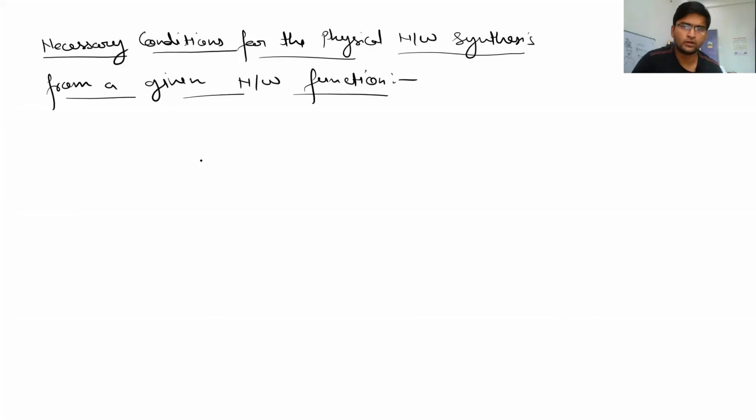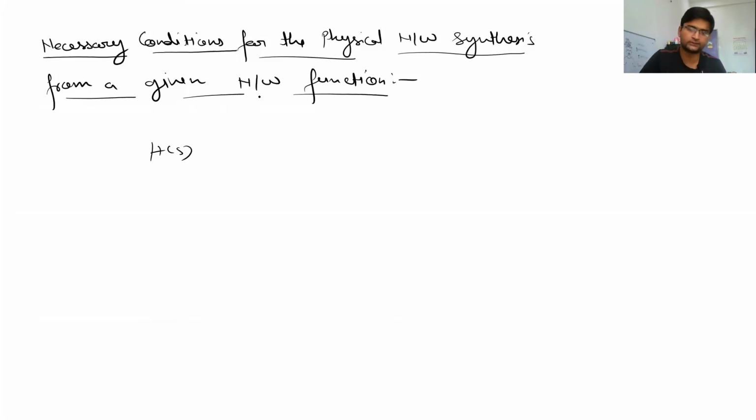Now coming back to the all important part of this topic, necessary conditions for physical network synthesis from a given network function. Suppose somebody gives you any arbitrary network function H(s), will it be possible to make a physical circuit out of it? No. If someone gives you anything, you will not be able to make a physical circuit because it may be impractical to implement.